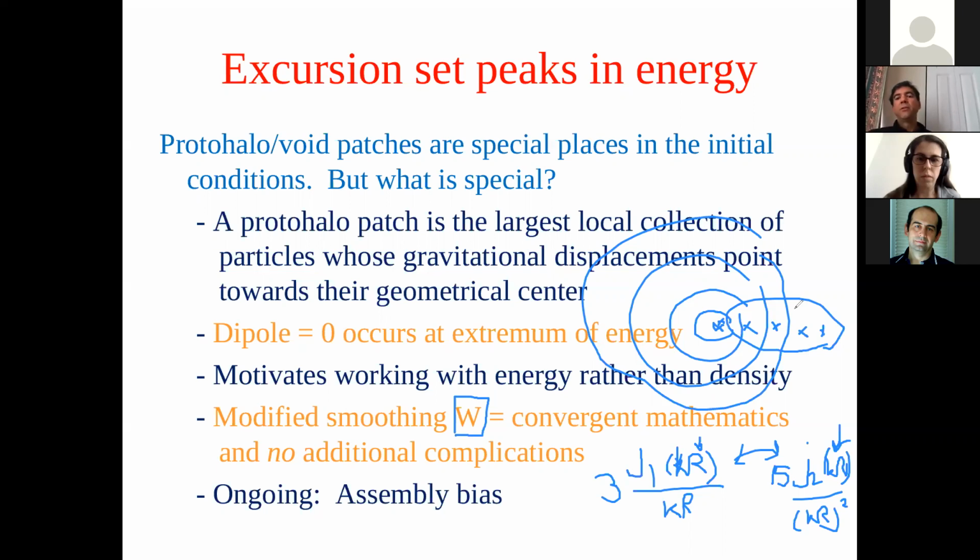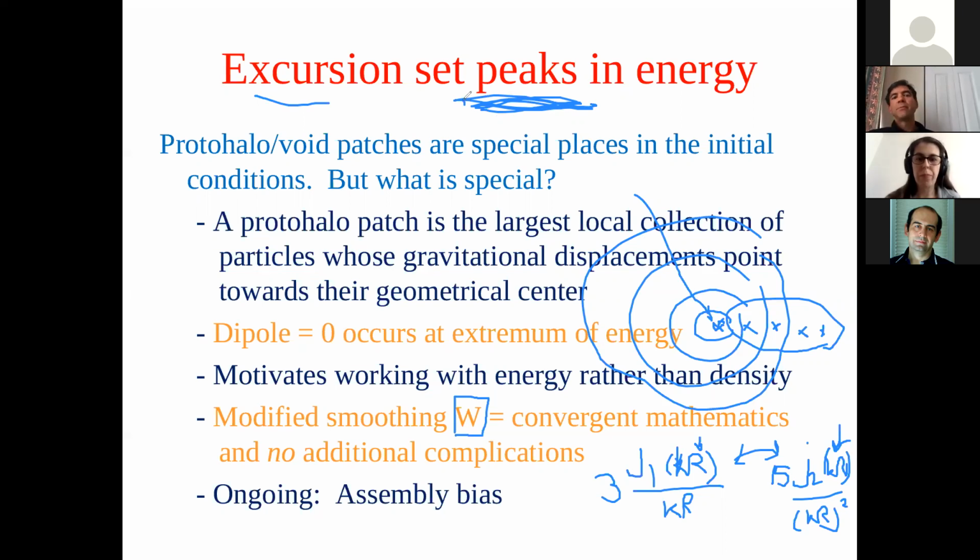Because we know that all of them mainly add noise in the excursion set picture, right? And in fact, that's why in the analytic models, I moved from doing excursion set to doing excursion set peaks and worrying about what these special positions are in the initial conditions around which we should be doing the smoothing. So this is a very important step.